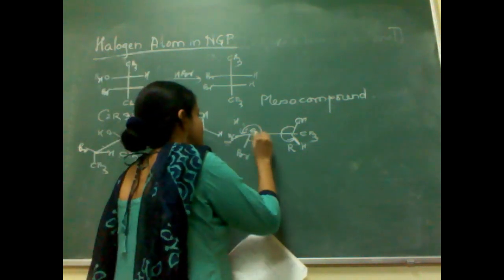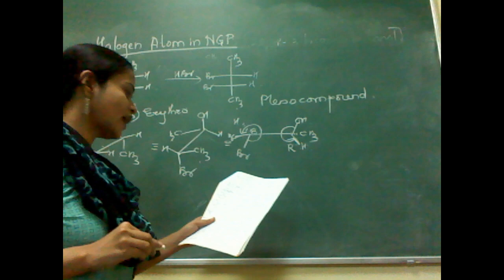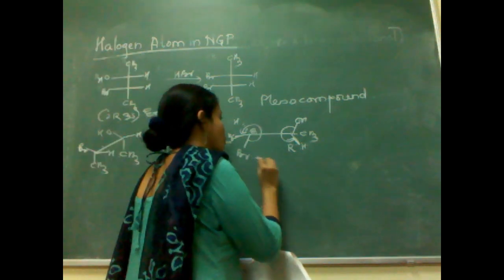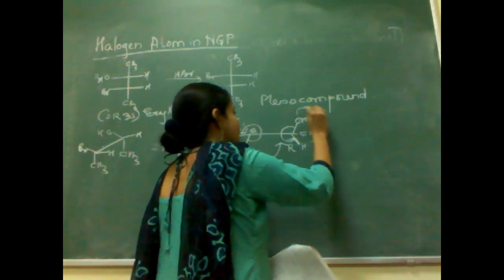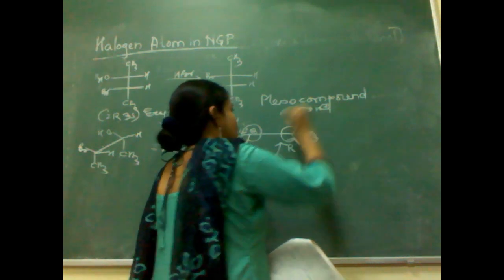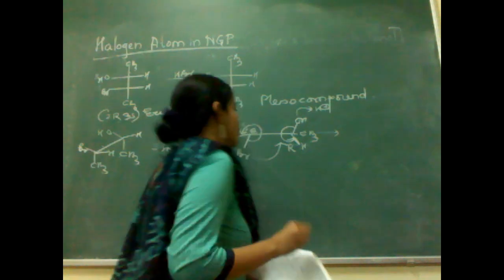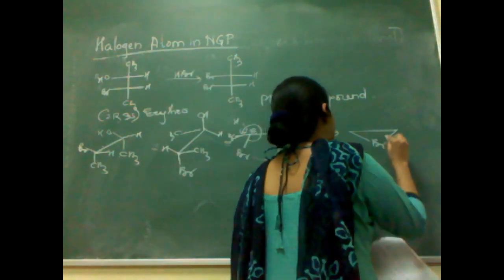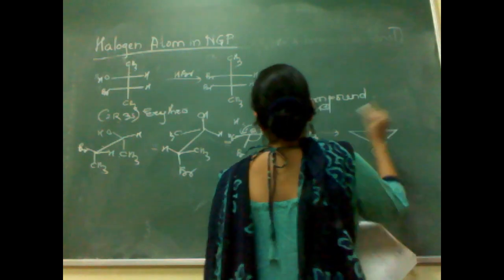So it is S. Now what you can see in this is the lone pair of electrons on the bromo group, which involves the loss of water. So again you get the formation of the bromonium ion intermediate.